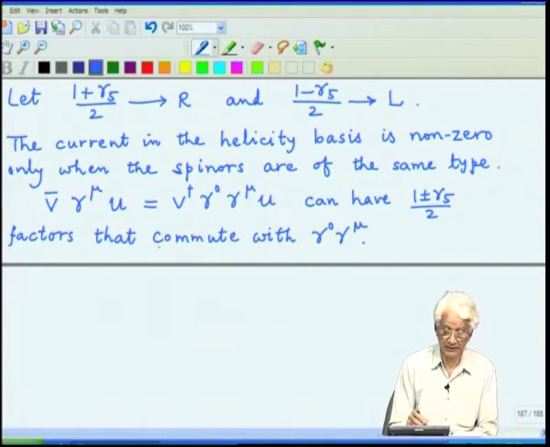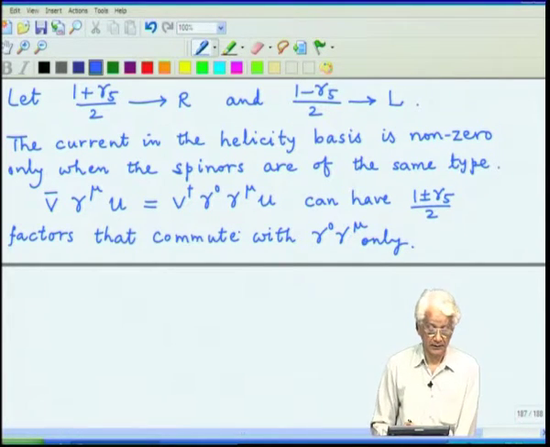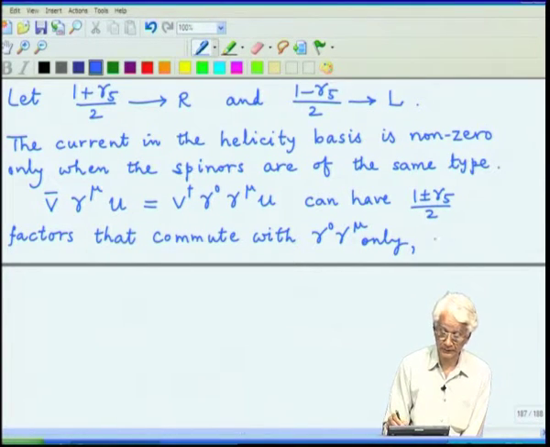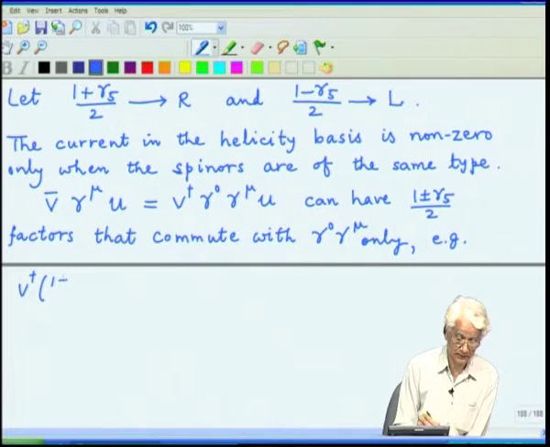If they are of opposite type, once you commute through gamma 0 and gamma mu, they will annihilate. So, for example, v dagger 1 plus gamma 5 by 2 vanishes.